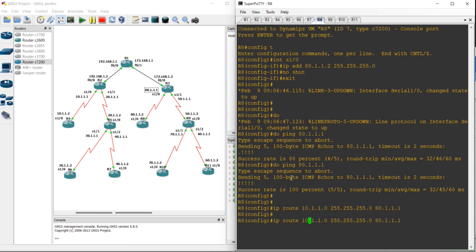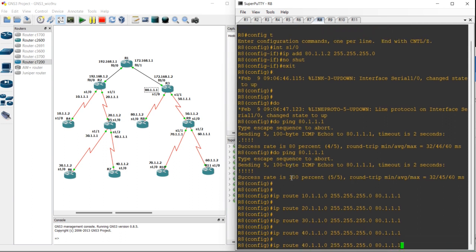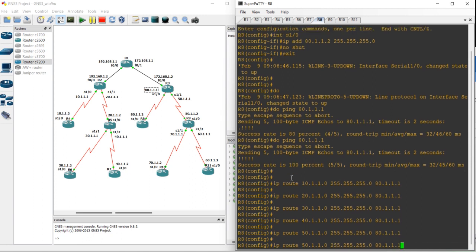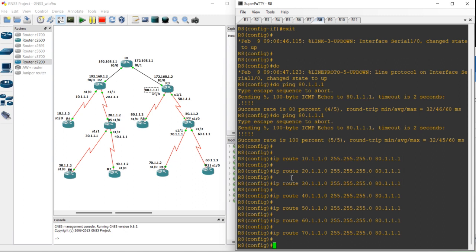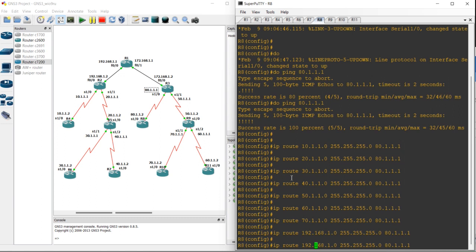For 20, 30, 40, 50, 60, 70, 80 is directly connected with this router, and now for the 192 network and the 172 network. Okay.